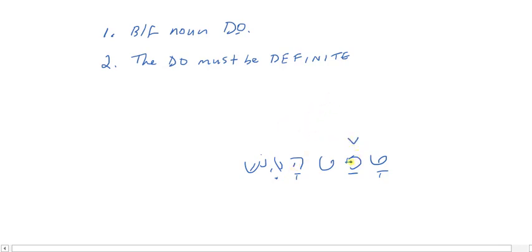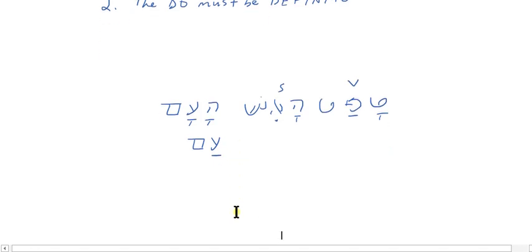Remember, typically we have verb followed by subject. And now, let me just do this. Let me just write ha-am. Okay? Let me write and then let me write et ha-am.